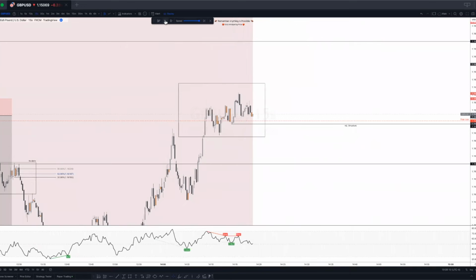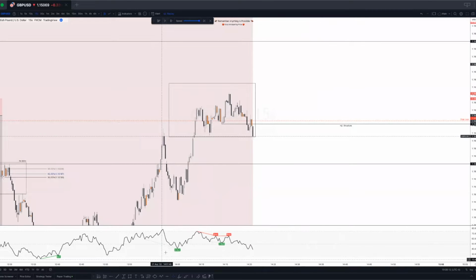And what is she telling me? All right. See this? It broke out of all of that range, out of all the range, and you can see momentum on the RSI has changed.